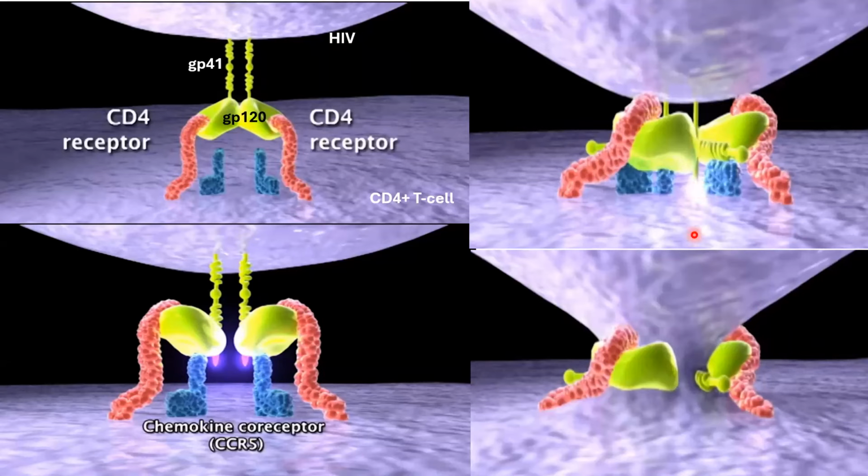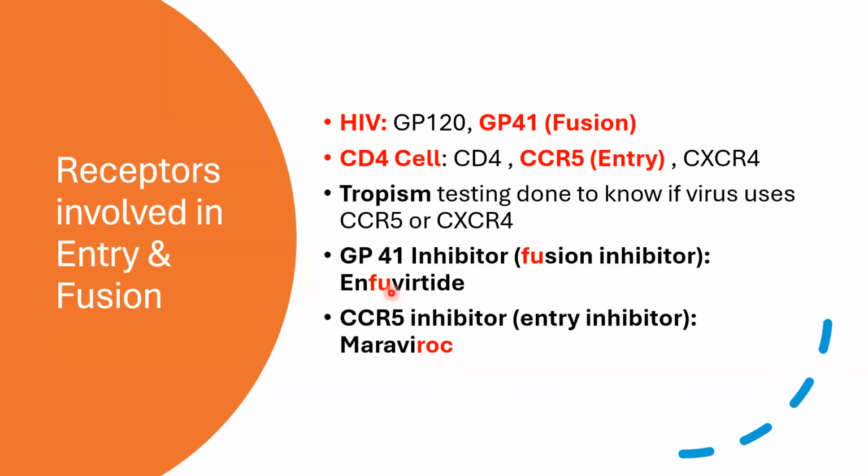They're going into the host cell, piercing into it in order to fuse the two cells together. So the glycoprotein 41 is called a fusion protein because this is the one that leads to the fusion of both. And the CCR5 is the entry receptor because it allows for the entry of the glycoprotein 41. Okay, so this is basically all you need to know to make this easy.